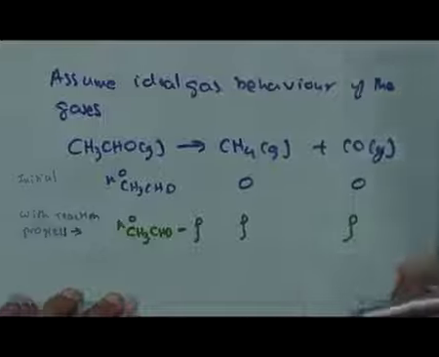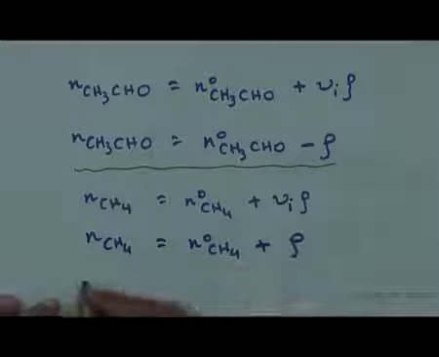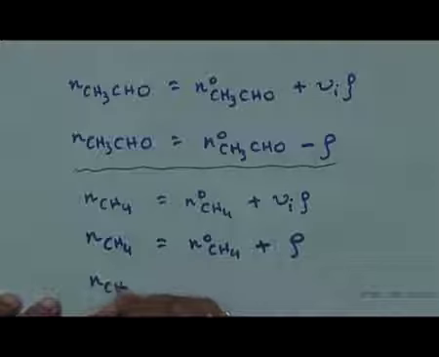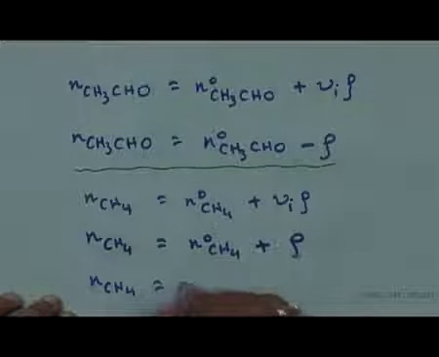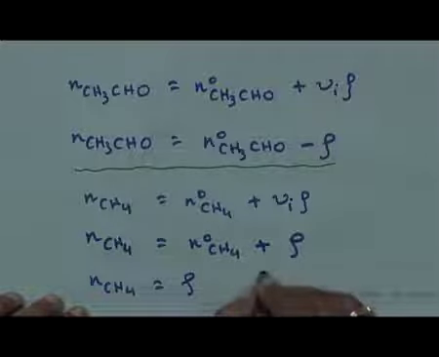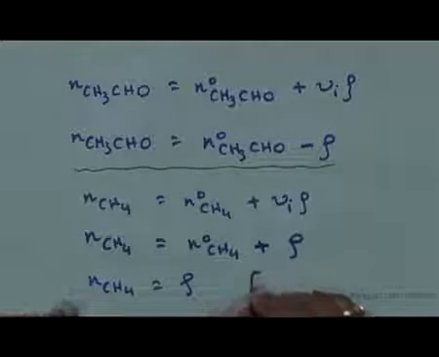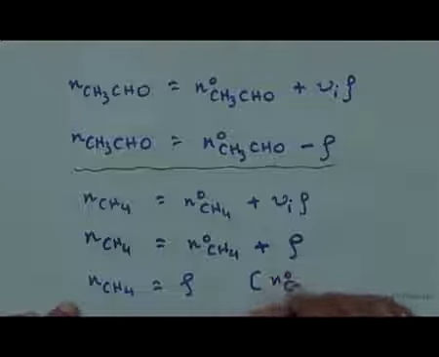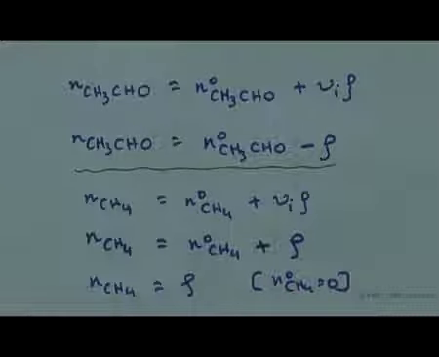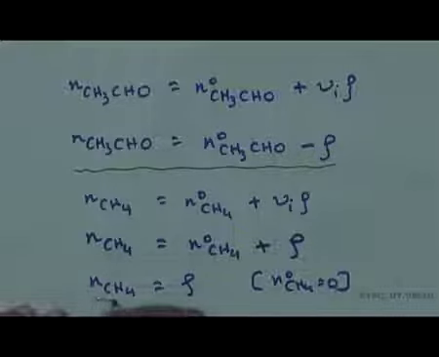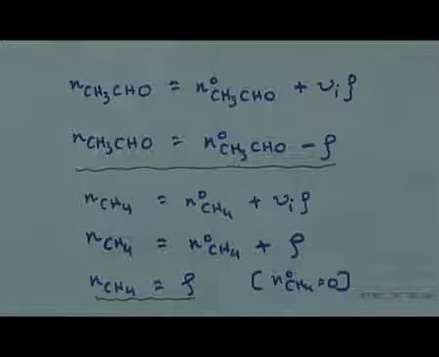So, I can simplify this by writing that N CH4 is equal to xi, because N naught CH4 is equal to 0. This is again another important piece of information that you will need while we walk through the problem.